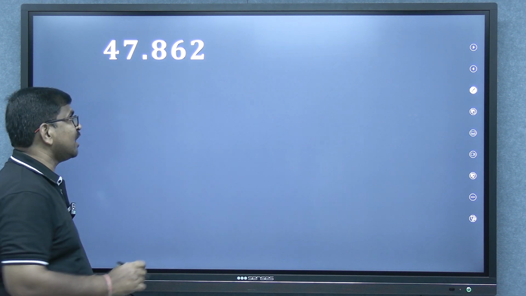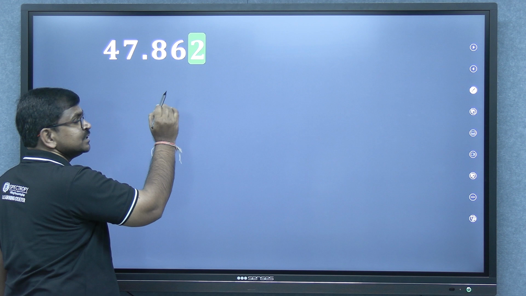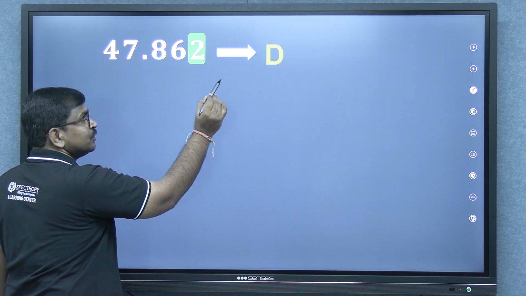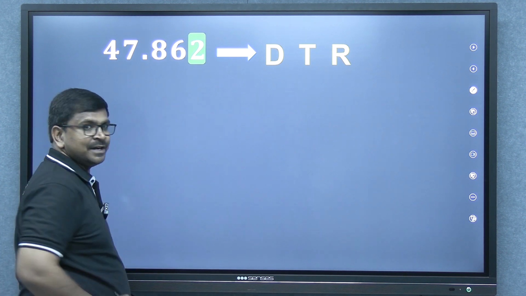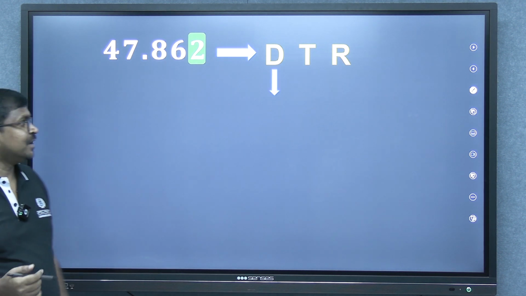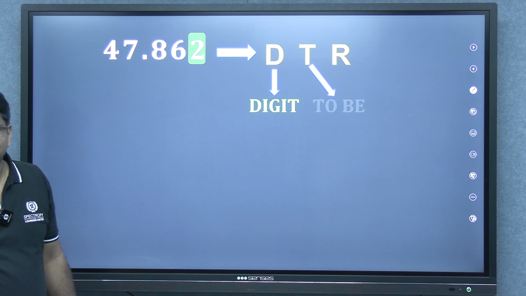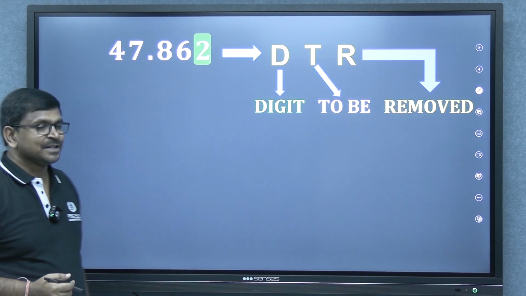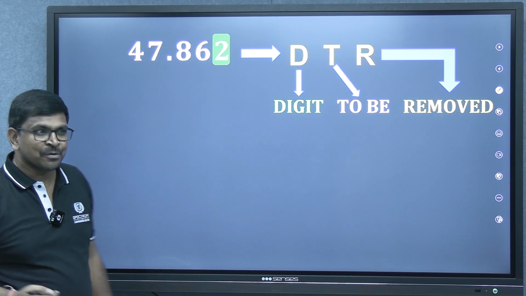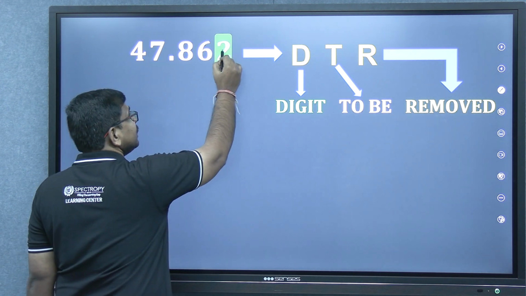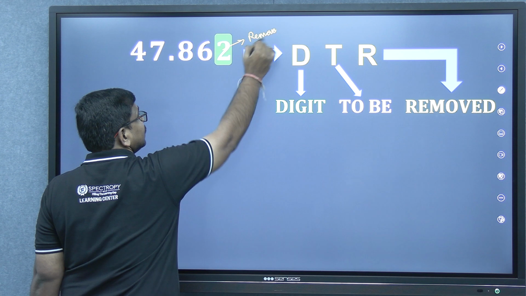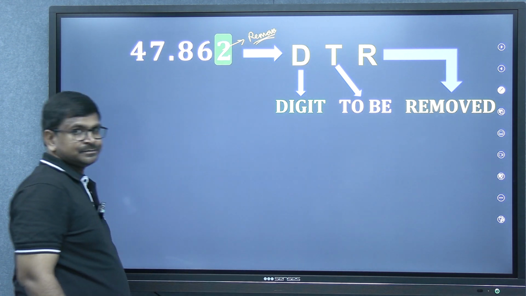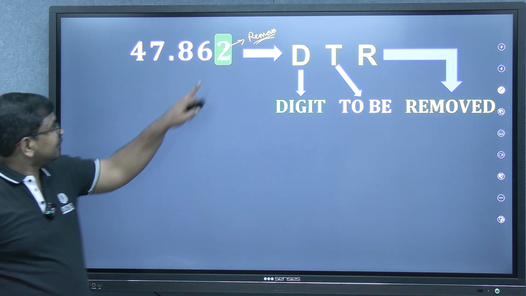So 2 is called the digit to be removed, DTR. D for digit, T for to be, R for removed. So what is DTR? The digit which you are going to remove or eliminate. And this is the reference now.